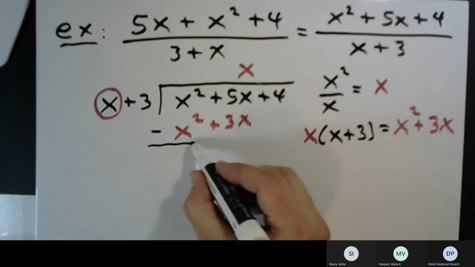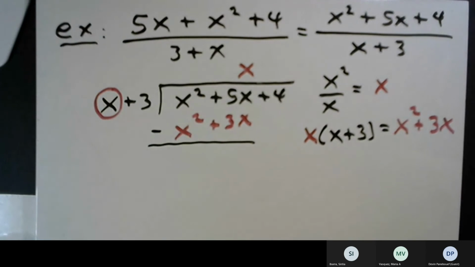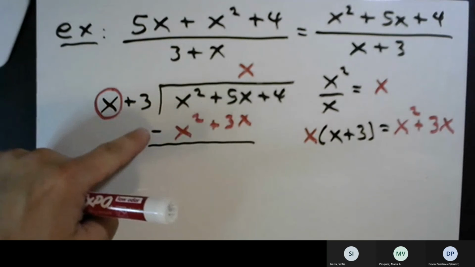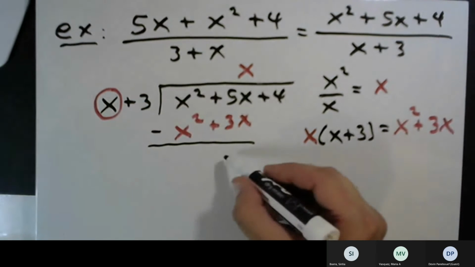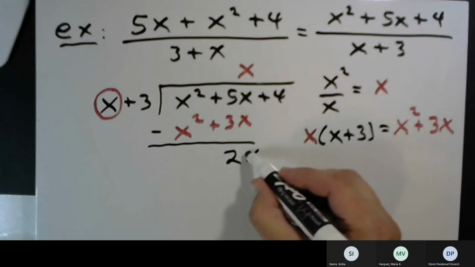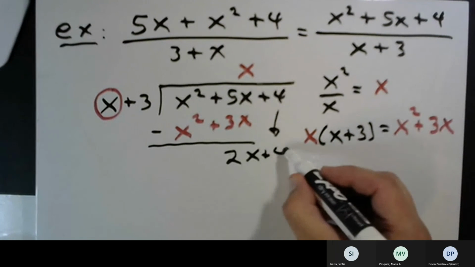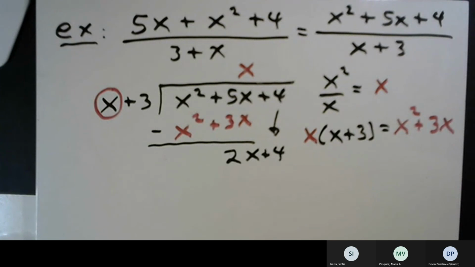And then we subtract. We're always going to subtract. x squared minus x squared is 0. 5x minus a positive 3x is 2x. We bring down the next term, and we're done with our first cycle of division.